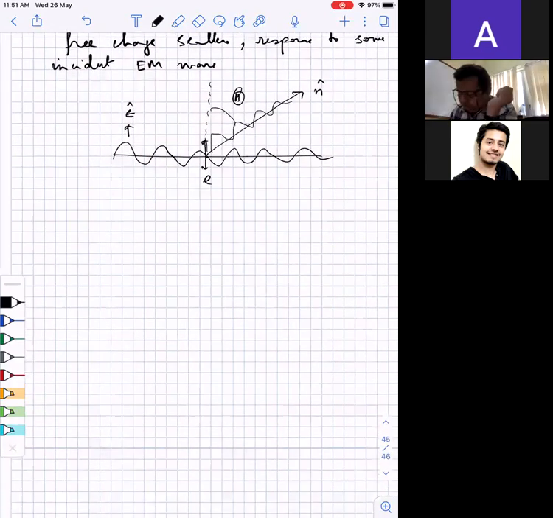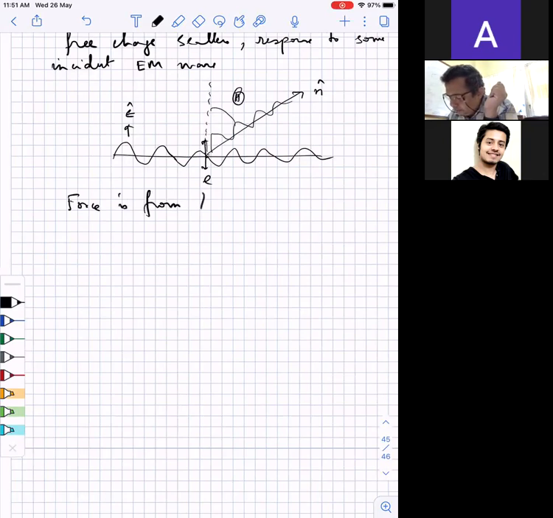So what we have is a linearly polarized EM wave, and the force on that electron is from the linearly polarized EM wave. This is an important word, linearly polarized.